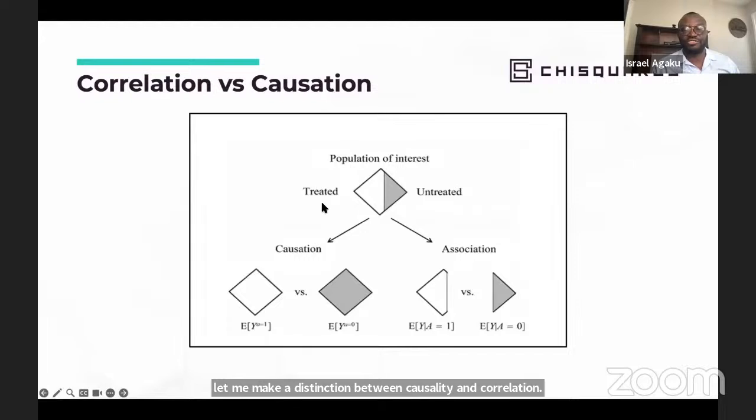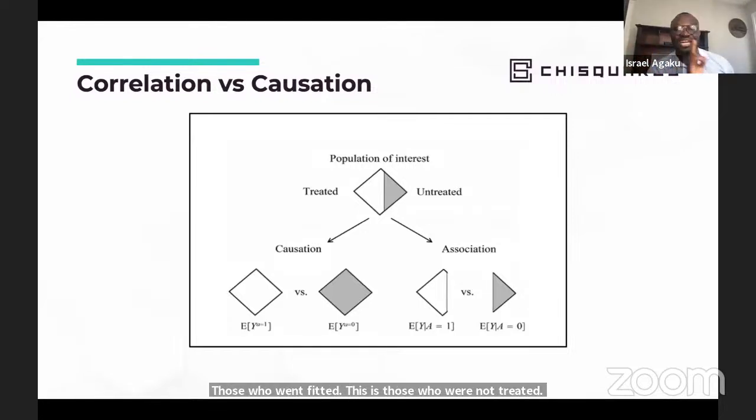This is the population of interest we have. The white part is the treated, and the gray part is untreated. When we're looking at associations, we are comparing those who were treated versus those who were not treated. That's what we're doing. In causality, remember we said at the beginning that we are not looking only at observed outcomes.